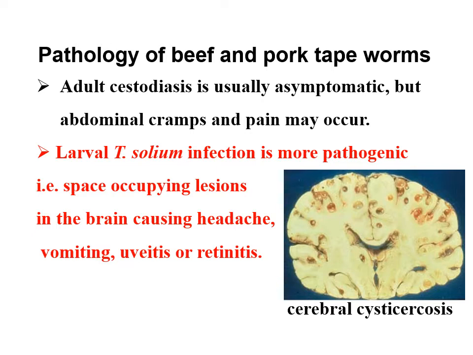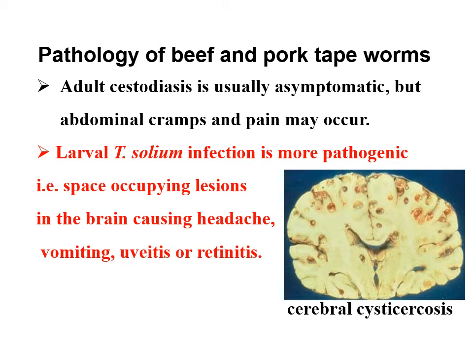However, the infection by the larvae, that's what we call cysticercosis, when ingesting the eggs of Taenia solium, is more pathogenic because it creates, for example, space-occupying lesions in the brain, in the liver, in the lung, etc. So in the brain, they can cause headache, and they can lead to vomiting, eye problems, or even retinitis.